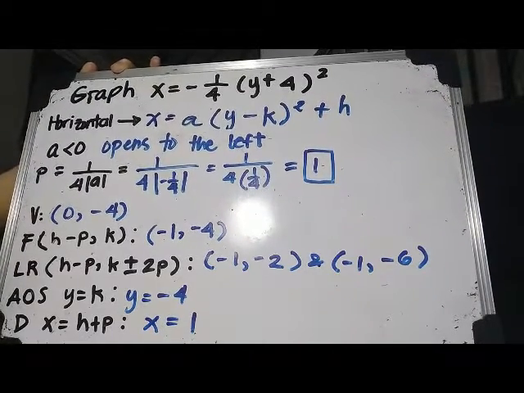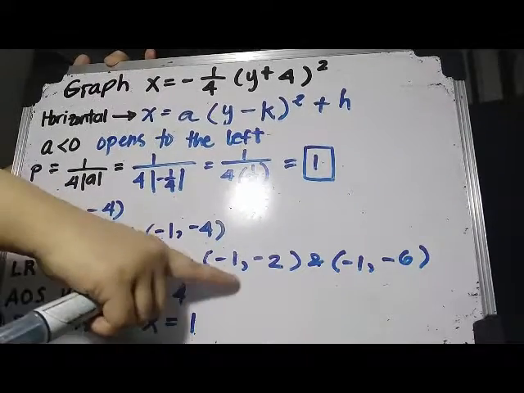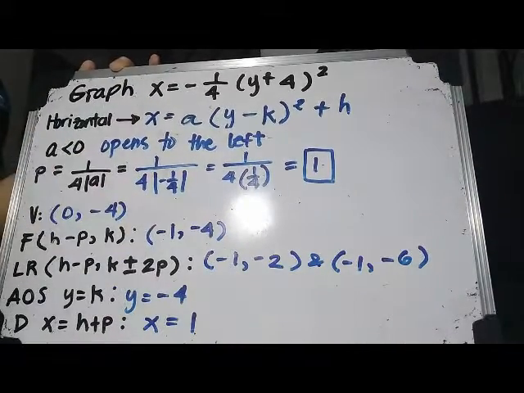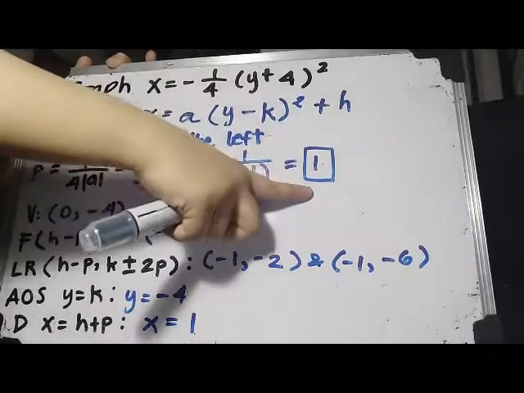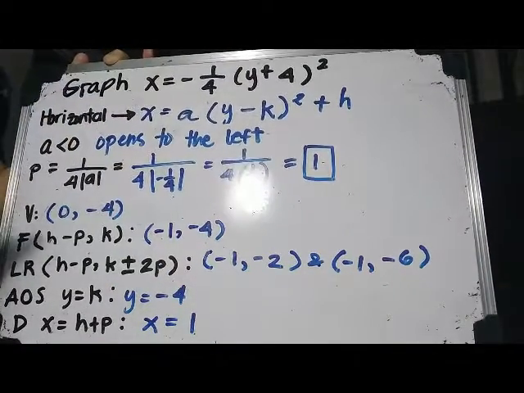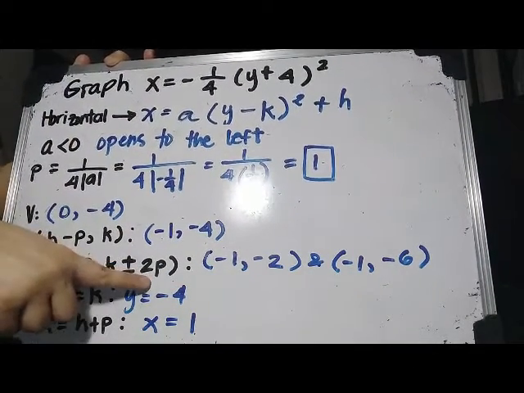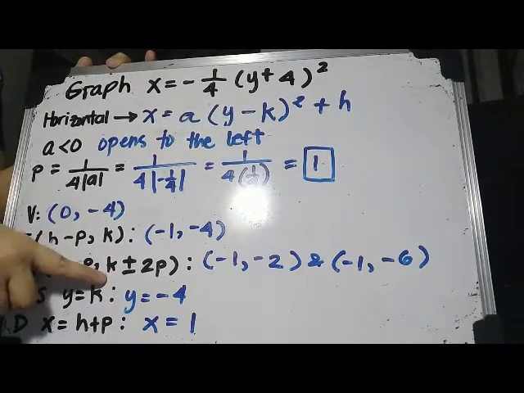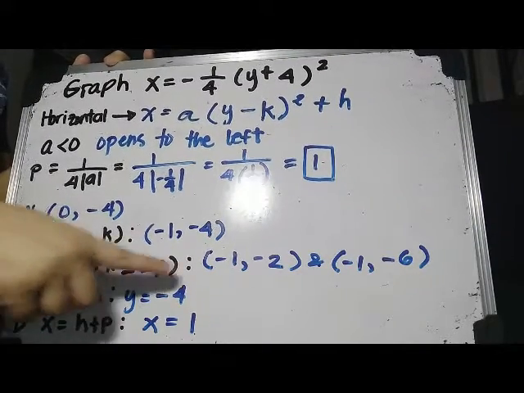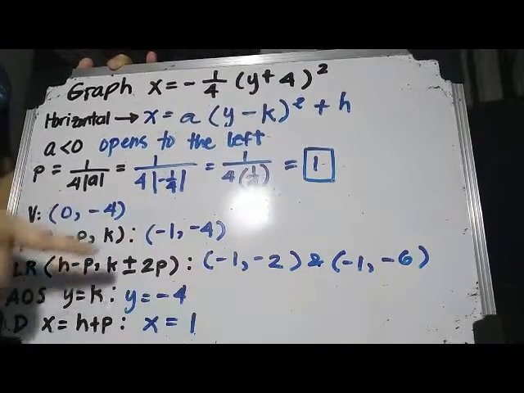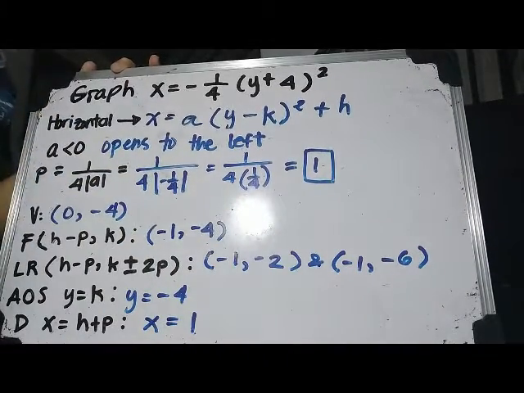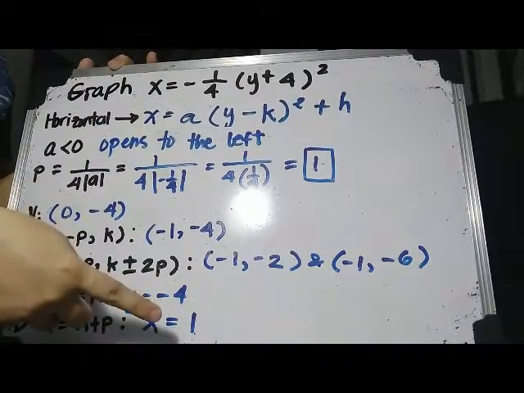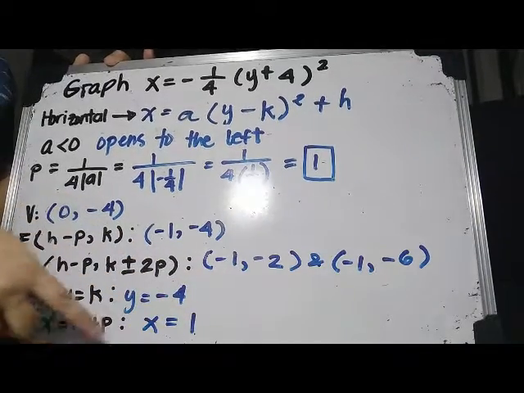H minus p is negative 1, so let's copy the negative 1 for the two endpoints. For k plus 2p, 2p is 2 times 1, so this is 2. Our k is negative 4. Negative 4 plus 2 will give us negative 2, and negative 4 minus 2 will give us negative 6. So the endpoints of our lattice rectum are negative 1, negative 2, and negative 1, negative 6.